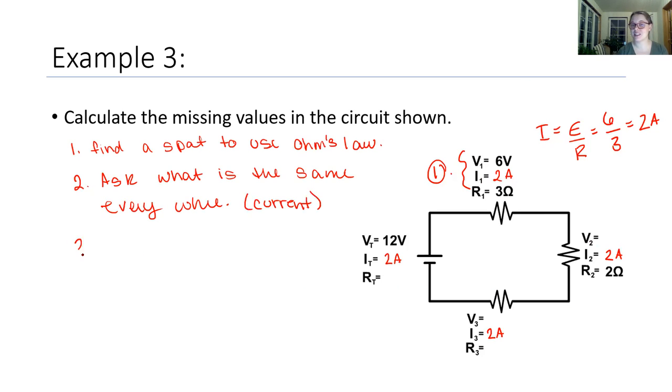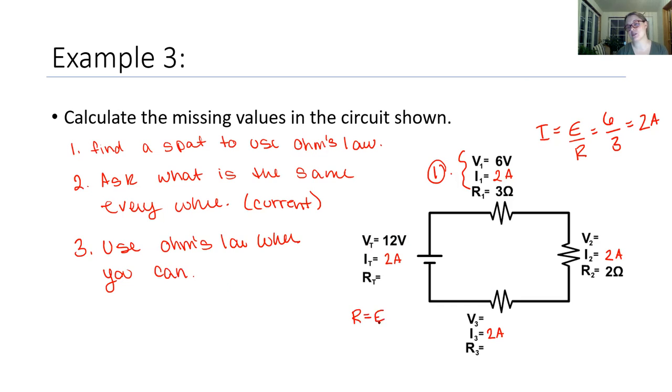And then step 3, use Ohm's law for the missing pieces. So use Ohm's law where you can. Here, we know voltage and we know current, so we can calculate resistance.